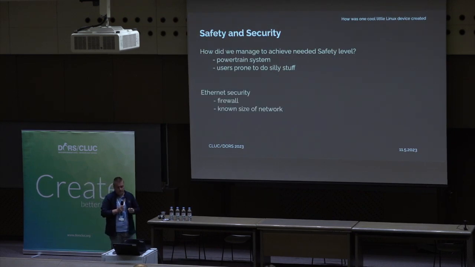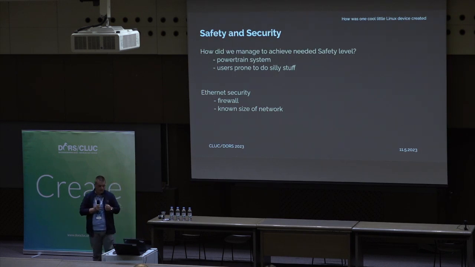The other one is regarding the Ethernet security of the knobs. The knobs have a firewall implemented, which limits what is actually transferred to them. Also, the knobs are not directly connected to the internet, and that path is controlled on the device that is connected to the internet itself.